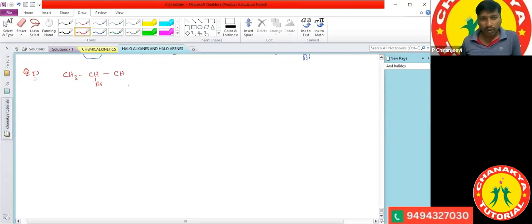CH bond Br, and they had given us alcoholic KOH as well as NaNH2. So what are the products it is going to form?